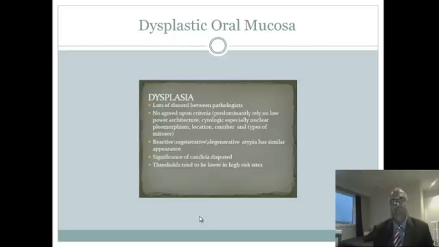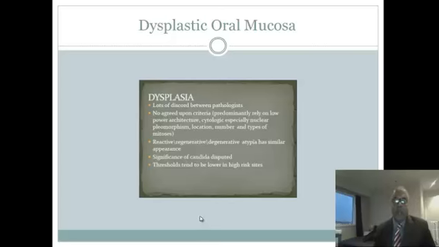Now, there are no magical lines that allow someone to say if it's mild, moderate, or severe. Therefore, you're going to get some inter-pathologist operator variation. When the dysplastic lesion then invades the underlying connective tissue, that's when we call it a squamous cell carcinoma.